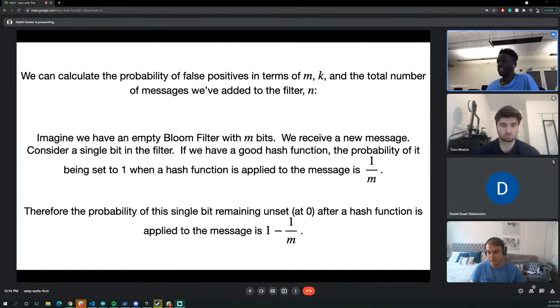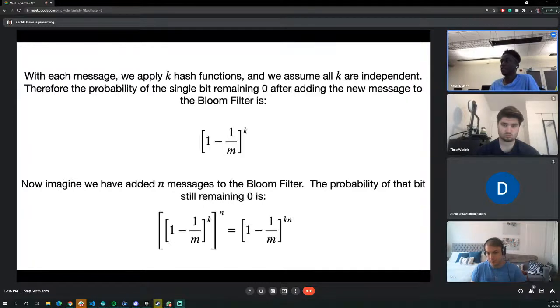So what's the probability of remaining unset? Well, the probability of something happening is p. The probability of it not happening is 1 minus p. So the probability of a single bit remaining unset after a hash function is applied to the message is 1 minus 1 over m. All right, that's great. But with each message, remember, we don't just apply one hash function, we apply k hash functions to it.